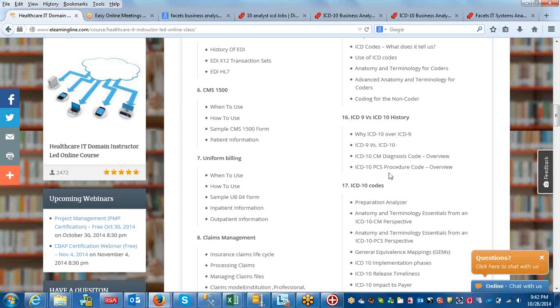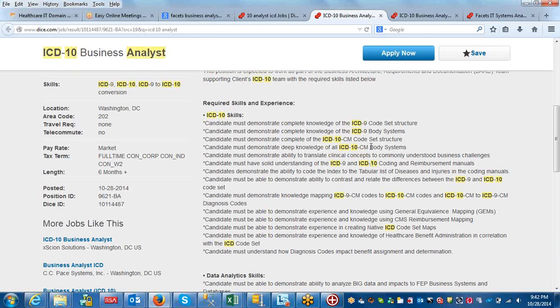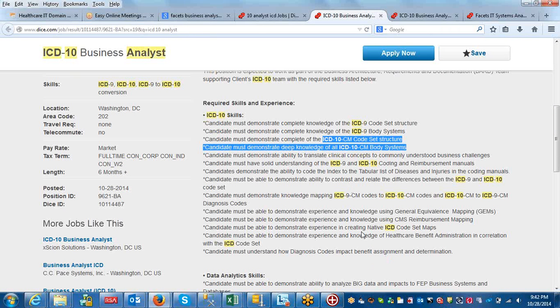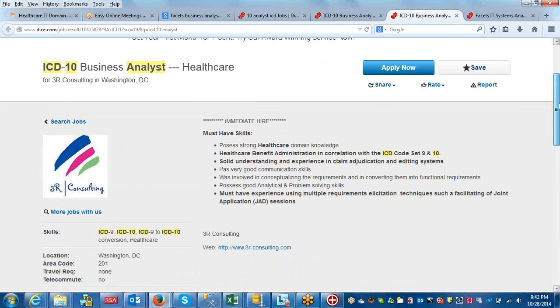And then we take you to the details of the CM diagnosis code, which is the ICD-10 CM code set you see in this job. And then we have the PCS as well. Even though this job does not require PCS knowledge, you get that because maybe tomorrow another job may need it.